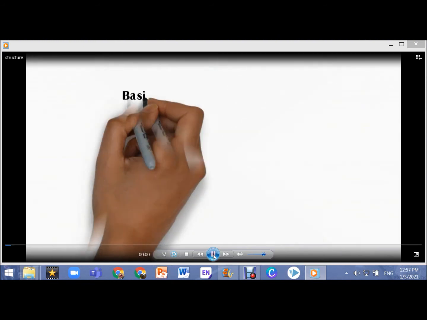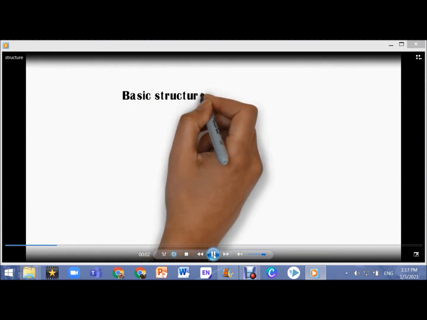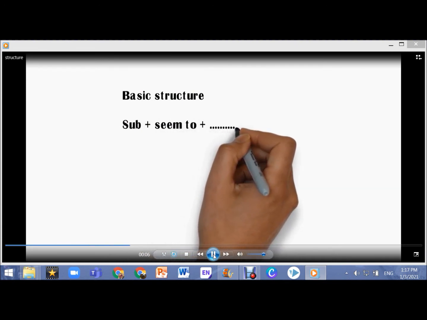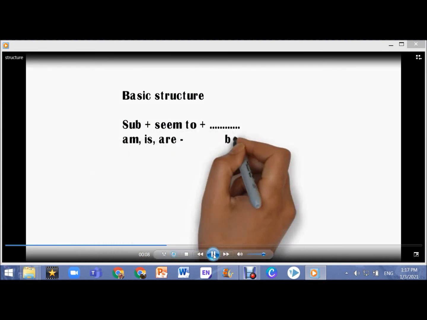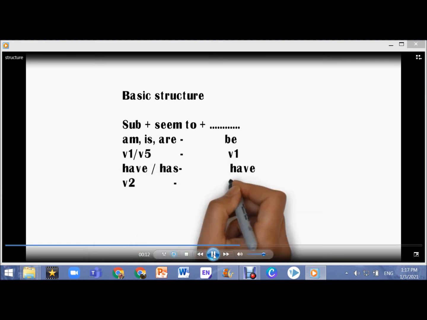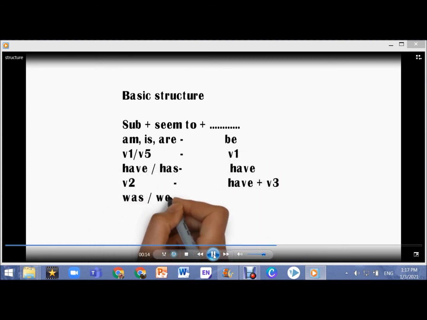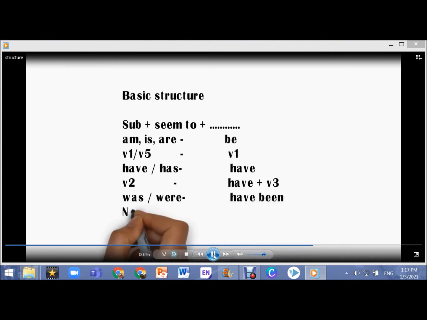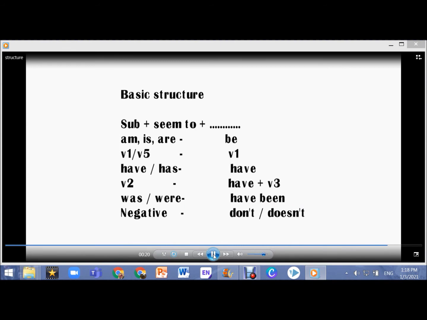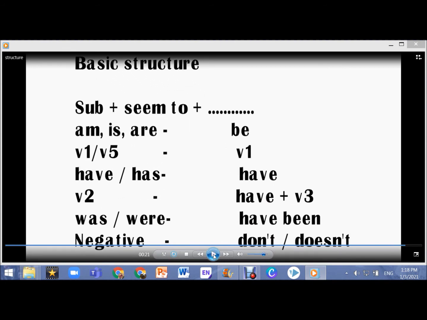Let me start from the basic structure. Subject, seem, seems, then be, verb 1, verb 5, have, has, have, verb 2, have plus verb 3, was, were, have been. In the negative case, do not or does not. We need to write these.